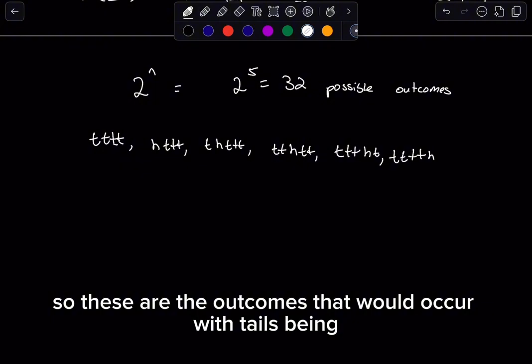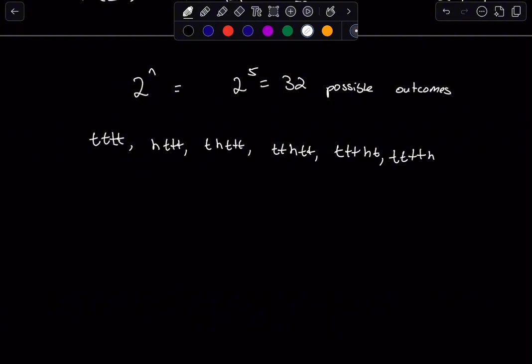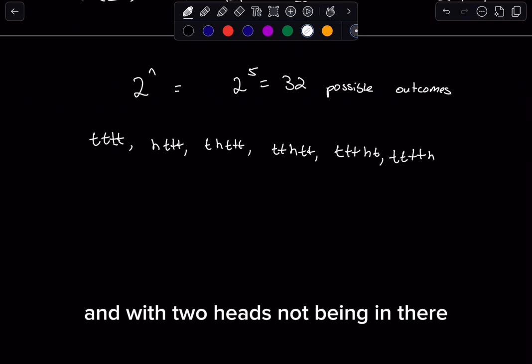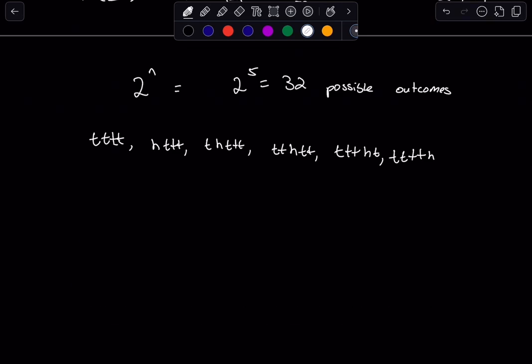So these are the outcomes that would occur with tails being in there, and with 2 heads not being in there.